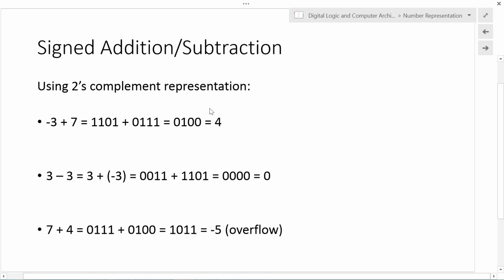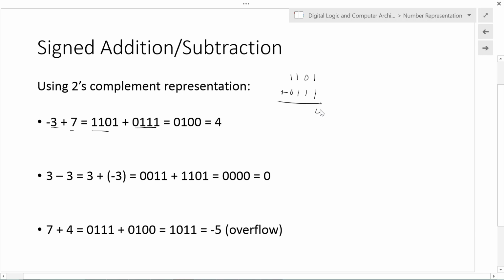Signed addition and subtraction. We can use 2's complement representation for doing addition and subtraction. So say we have a negative 3 added to 7. This converts to 1101 and 0111 in binary. So we can add these two numbers together, 1, 1, 0, 1, and 0, 1, 1, 1, like so.